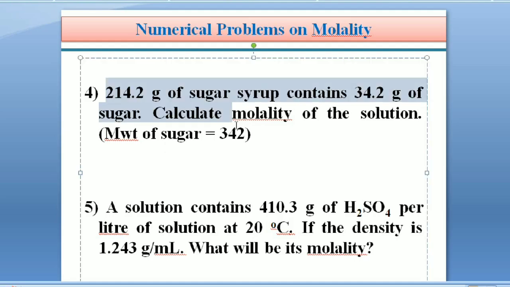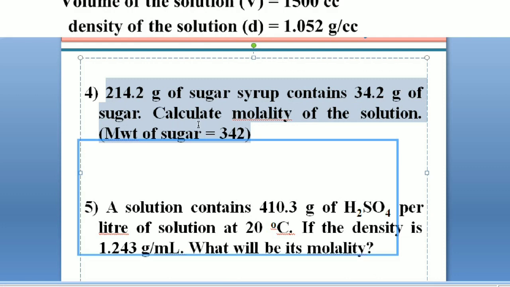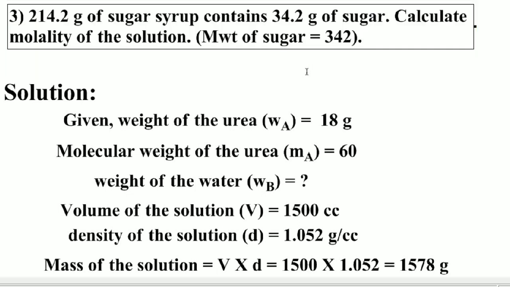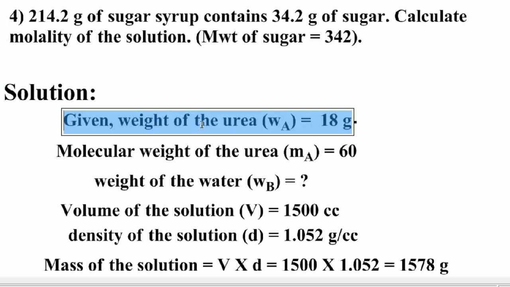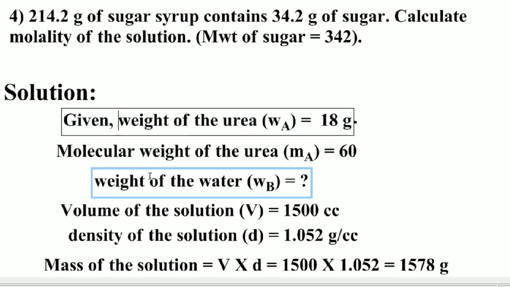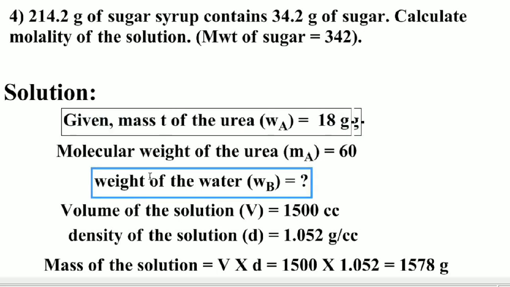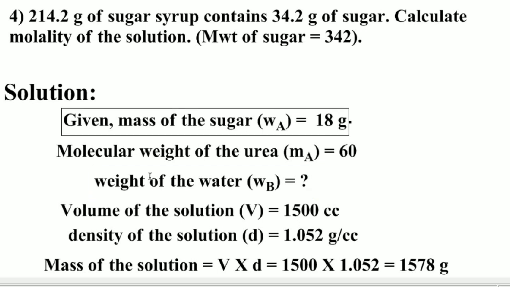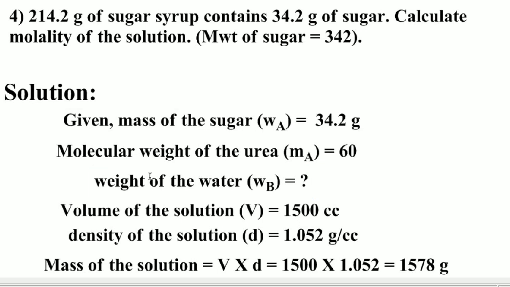So students, we can solve this problem. The given mass of the solution is 214.2 grams. The solute is sugar, and the given weight of the sugar, WA, is equal to 34.2 grams.